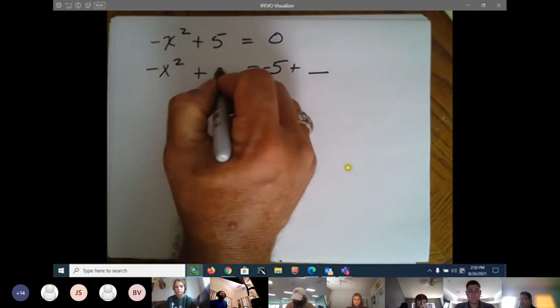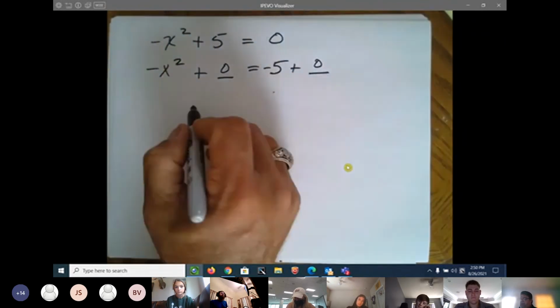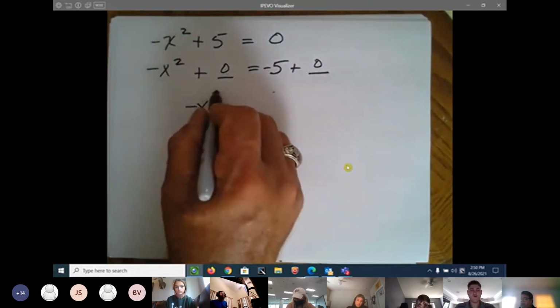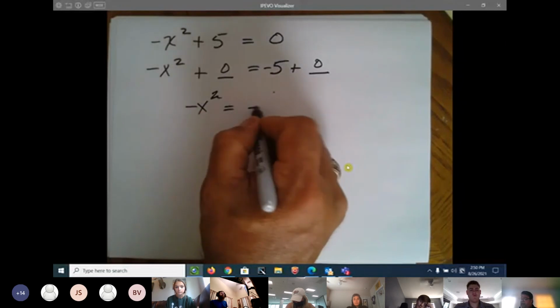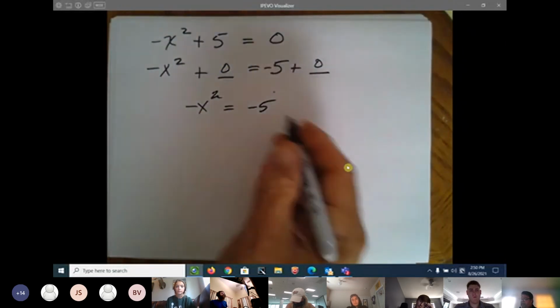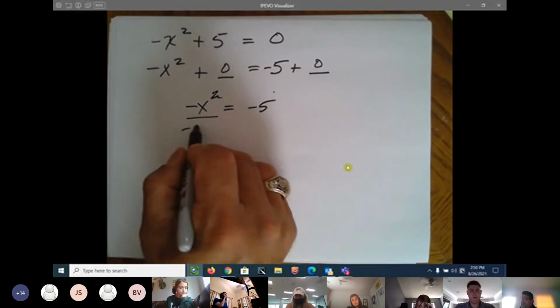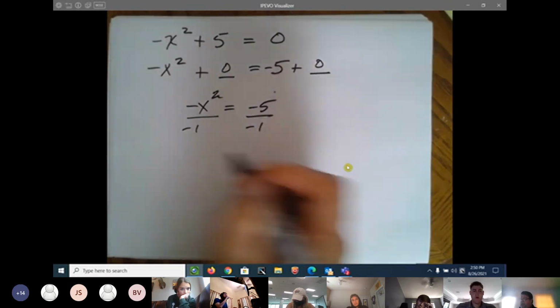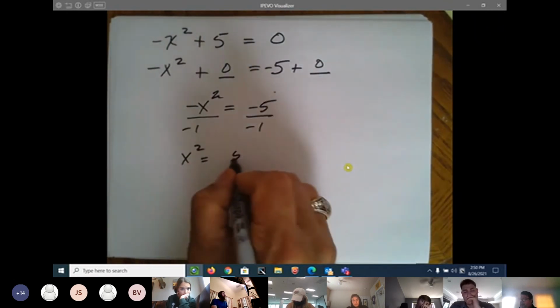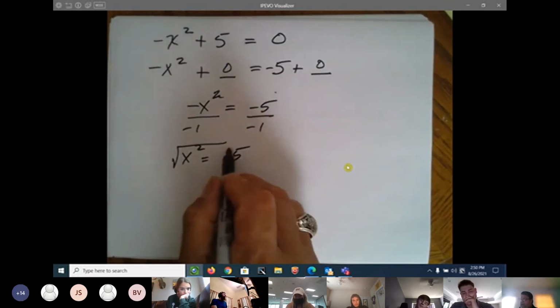And then, of course, 0 and 0. So you're going to get negative x squared is equal to negative 5. And divide by negative 1, divide by negative 1. X squared is equal to 5, square root of 5.